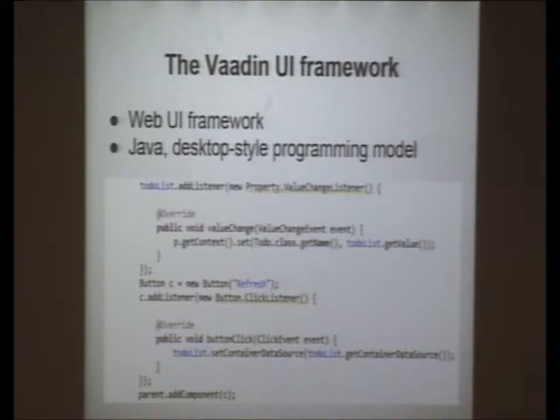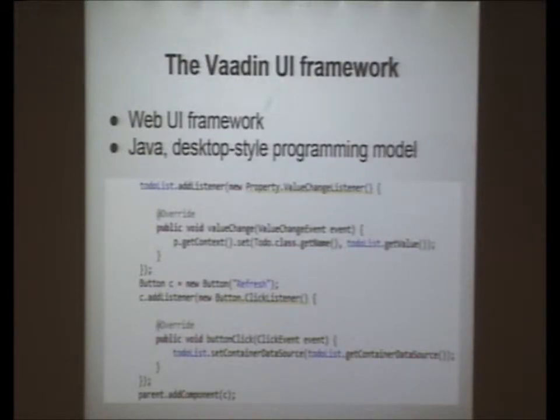And of course it's written in Java, and it has the desktop programming model, which means it's kind of like Swing, not like SWT. The main difference is this parenting stuff. And you can see there, you write code like you would write on a desktop UI framework. You see new button, you add listeners and stuff, but the difference is that all of this is rendered in the browser.